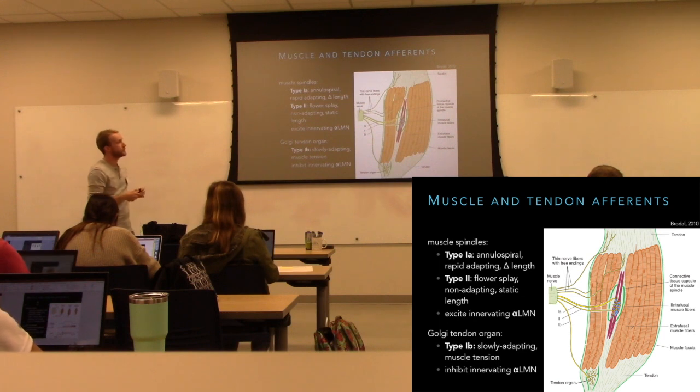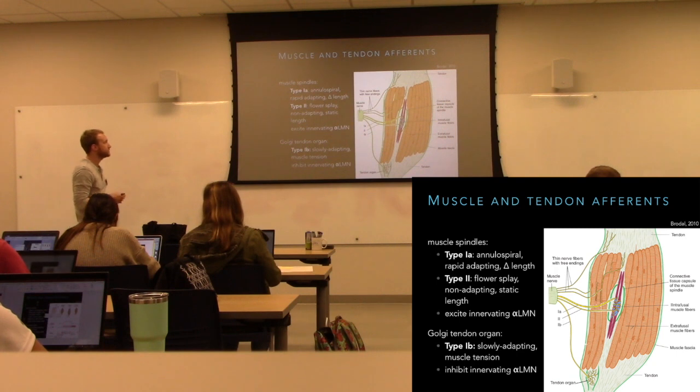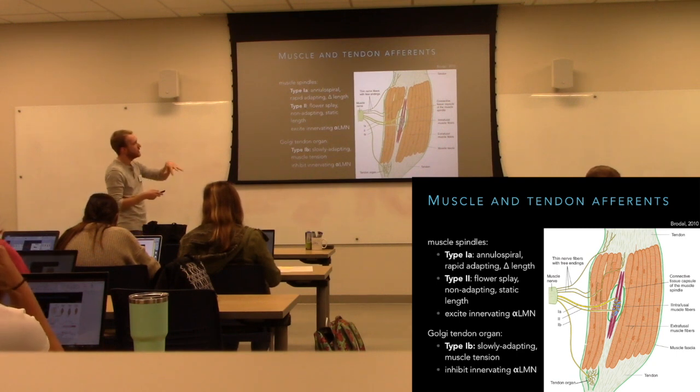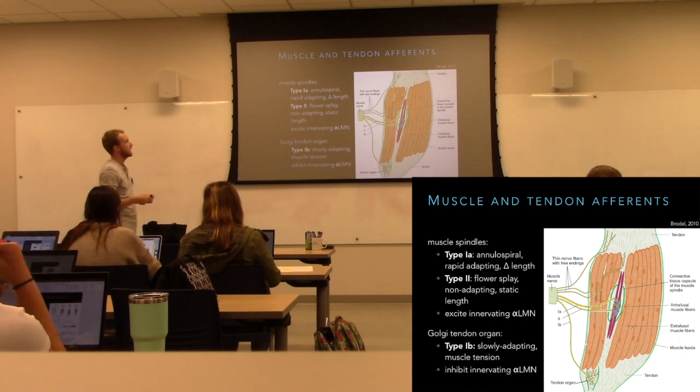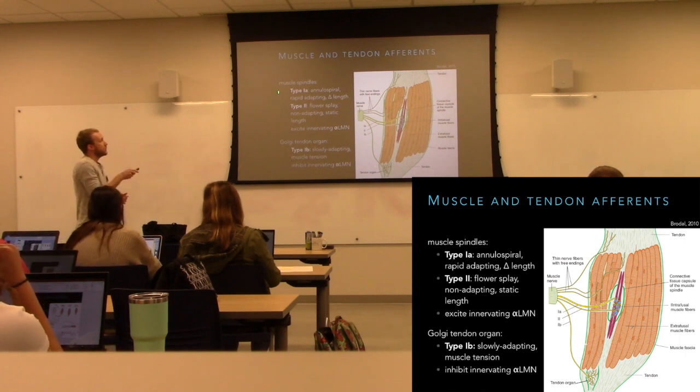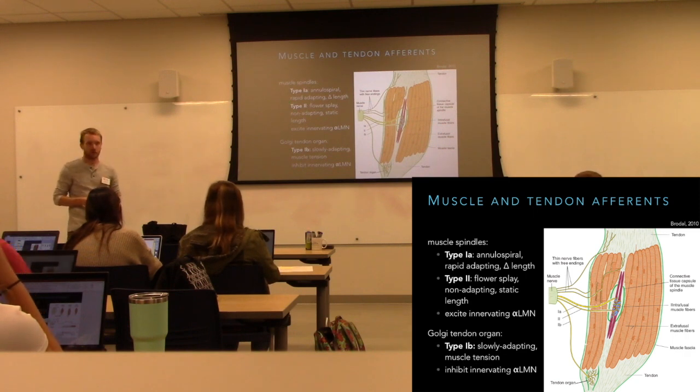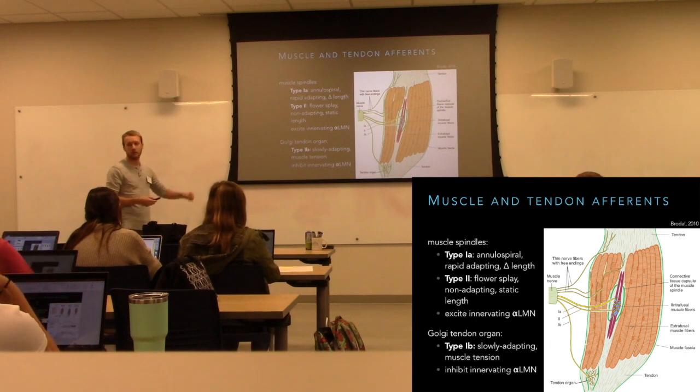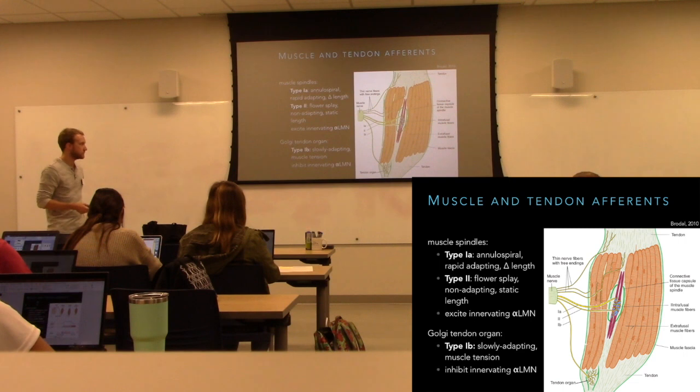And they're in slightly different positions in the muscle spindle, so they get different names. Annular spiral because it wraps around, and the other one kind of splays out, I guess, like a flower. So type 1A, changes in length. Type 2, actual muscle length, regardless of whether it's changing or not. These are going to provide feedback to lower motor neurons to help create reflexes.